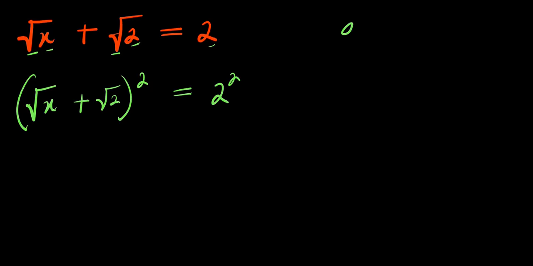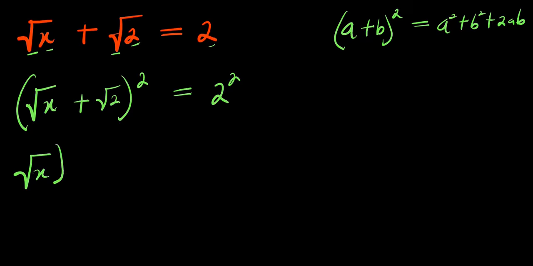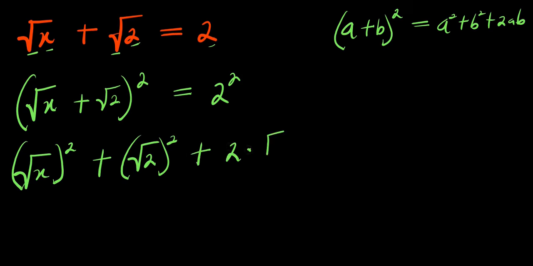Now if you have (a plus b) squared, this equals a squared plus b squared plus 2 times ab. So that means you have square root of x power 2 plus square root of 2 power 2 plus 2 times square root of x times square root of 2, and this equals 2 power 2.